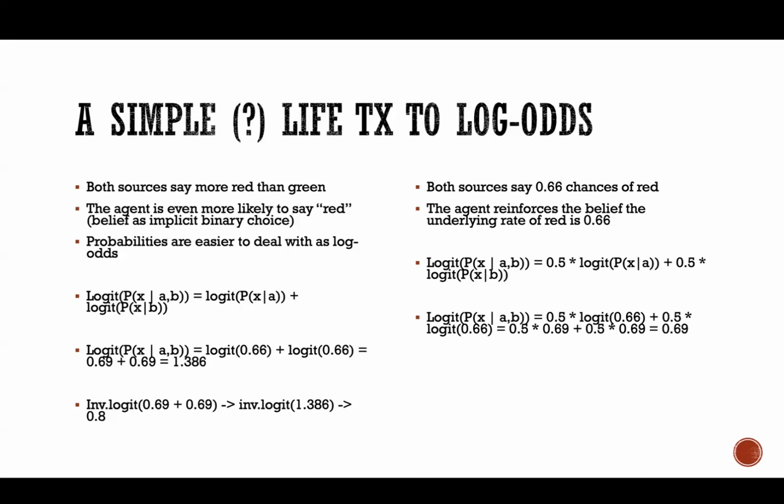0.5 times 0.69 plus 0.5 times 0.69 is exactly 0.69. And that gives us 0.66, right? And so according to how we choose to conceptualize the task that we're giving our participant and their underlying cognitive mechanism, we can use log odds to create a model that reproduces the behavior that we think is interesting.